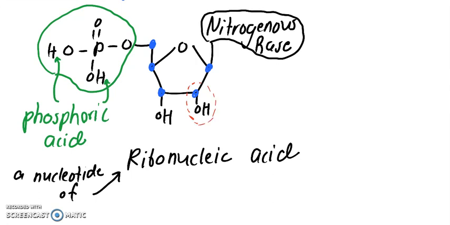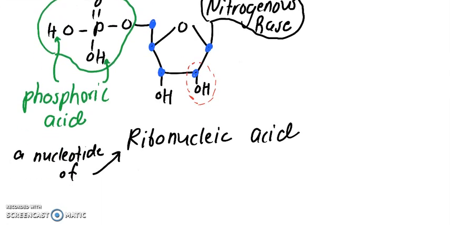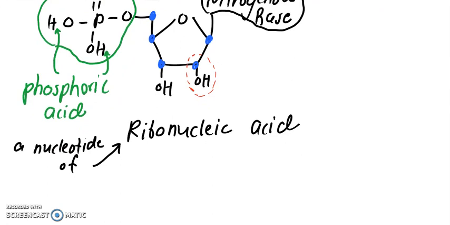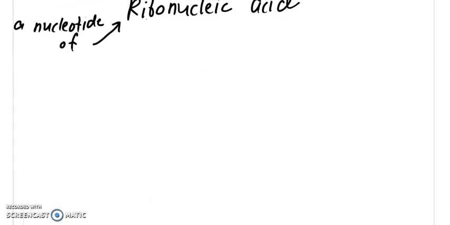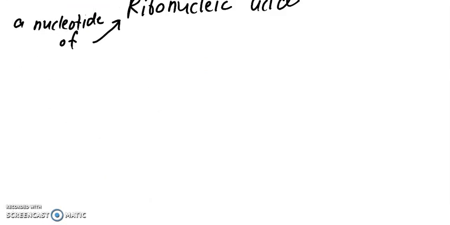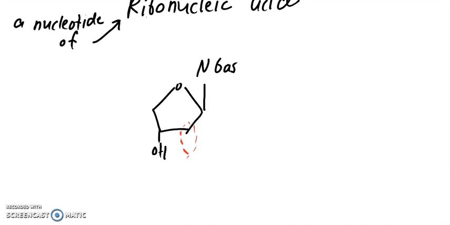There's another type of these nucleic acids, and it's where you remove this OH group. So here is my sugar, but instead we are missing this oxygen, but everything else is still the same. So nitrogenous base, and up here is our phosphoric acid.